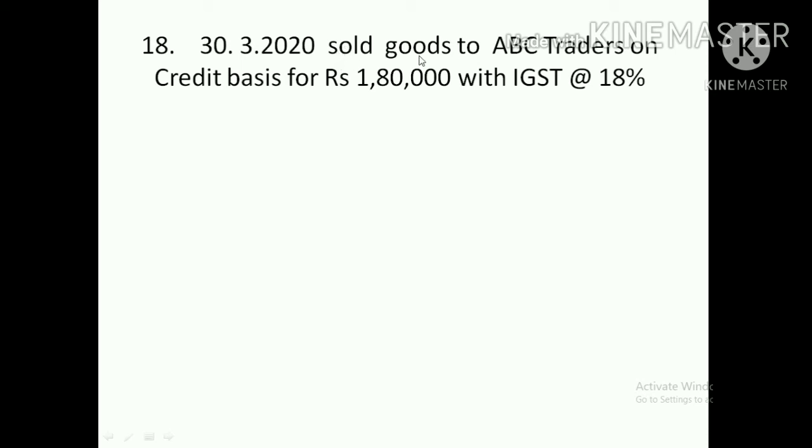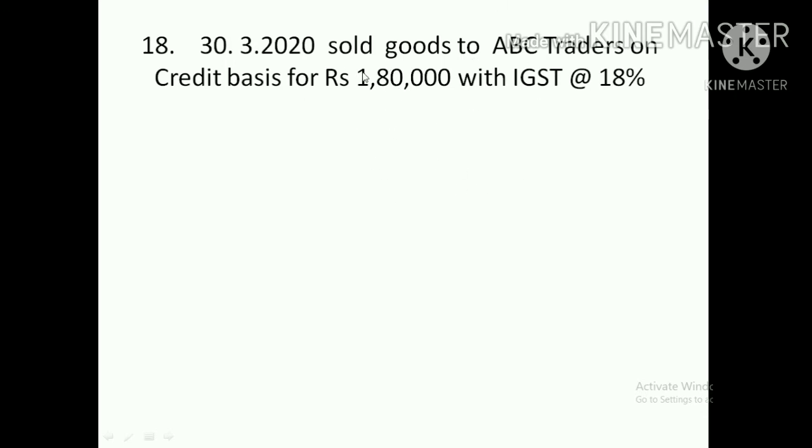When you charge tax on sales, it is called output IGST. ABC Traders is being sold goods on credit basis.